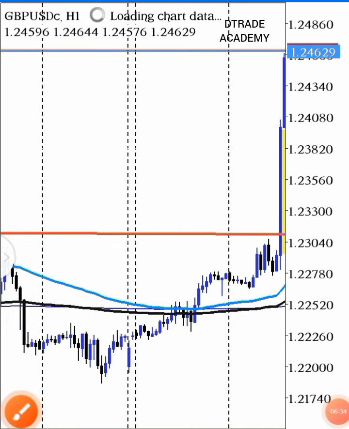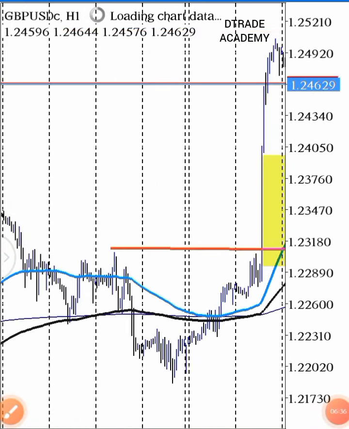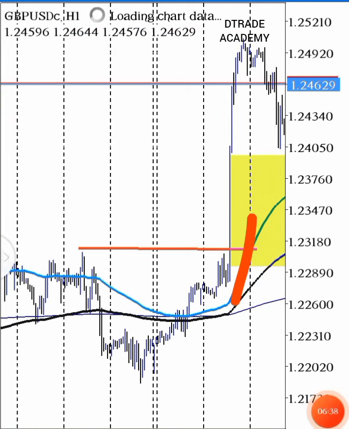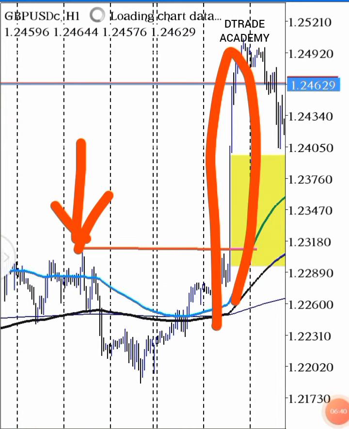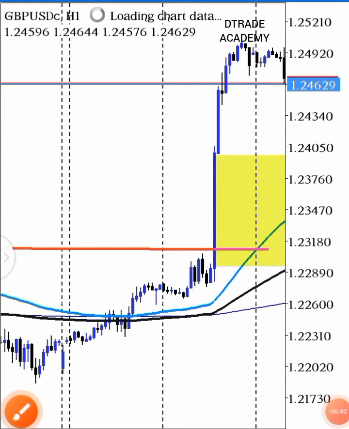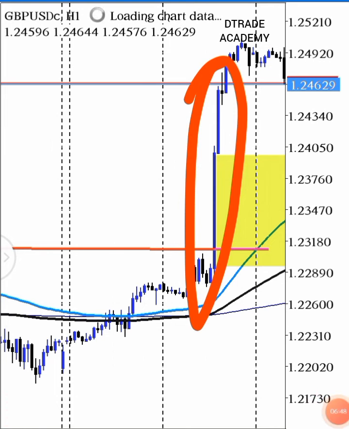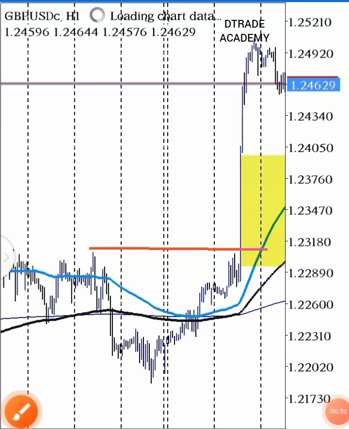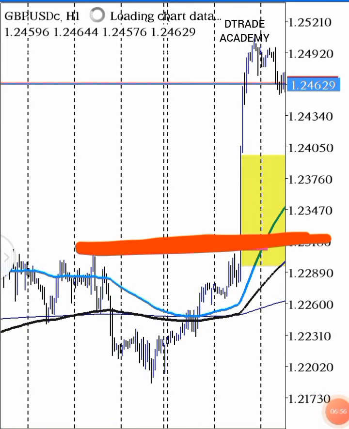This particular candle broke this high. And I said, once we have these vector candles breaking a high, we have to look for an imbalance. Where do we look for imbalance? Either under this high, under this place, or above.